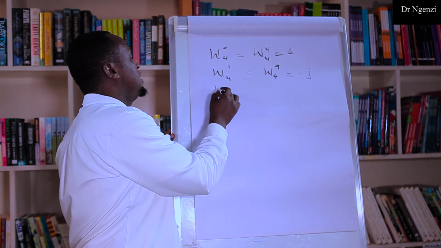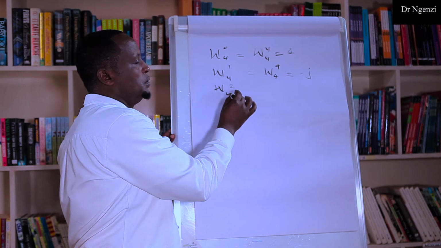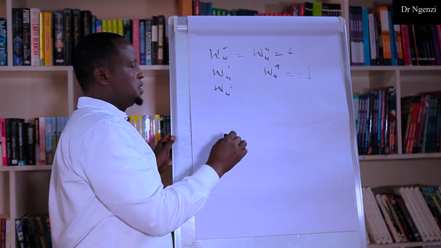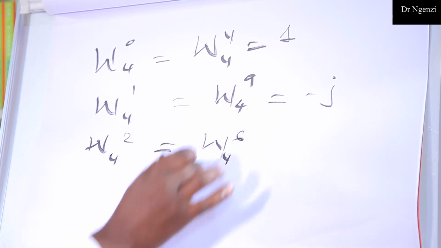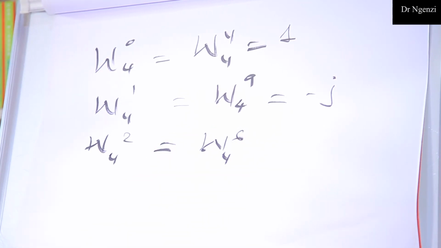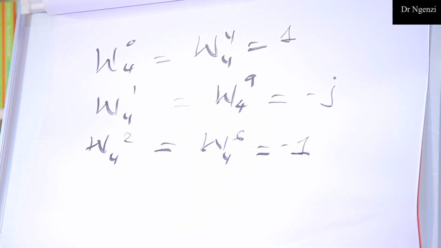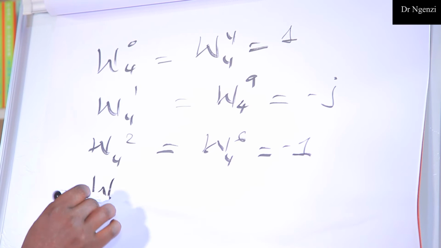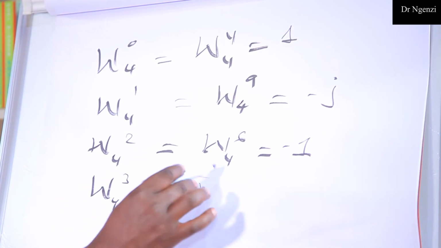So, for example, W42 is going to be the same as W46. And this is nothing but -1 in this case. And also W43 is going to be J.